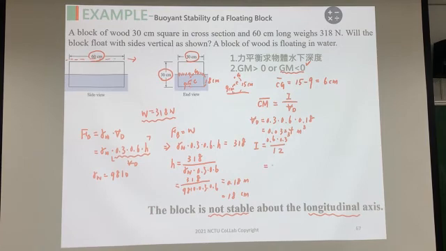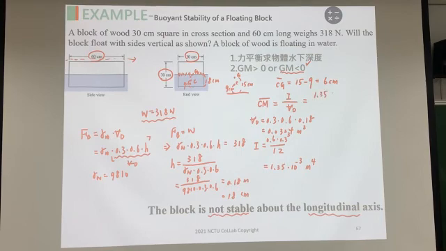The second moment is equal to 1.35 times 10 to the power of minus 3, and the unit is meters to the fourth power. So we go back to here.